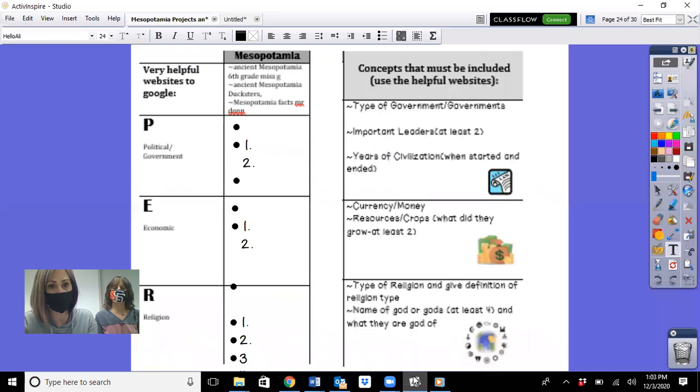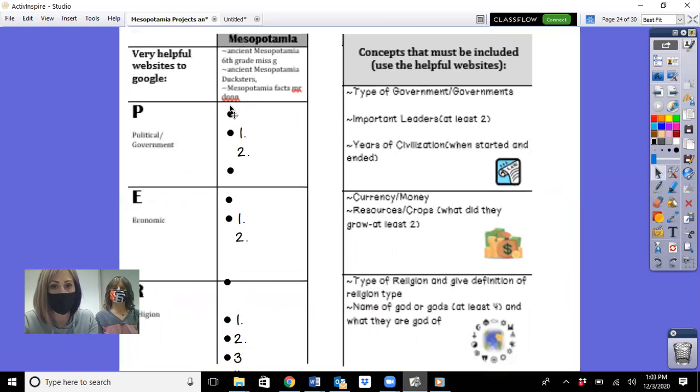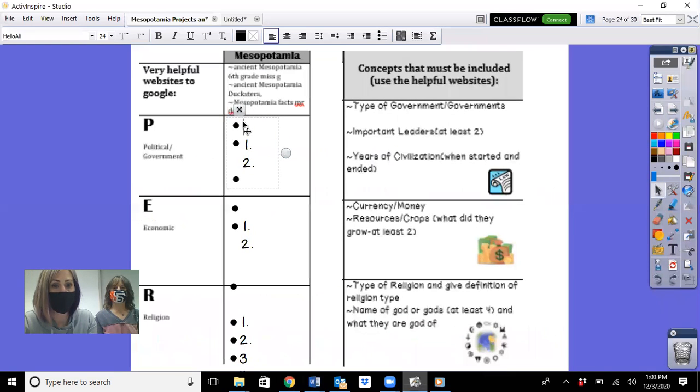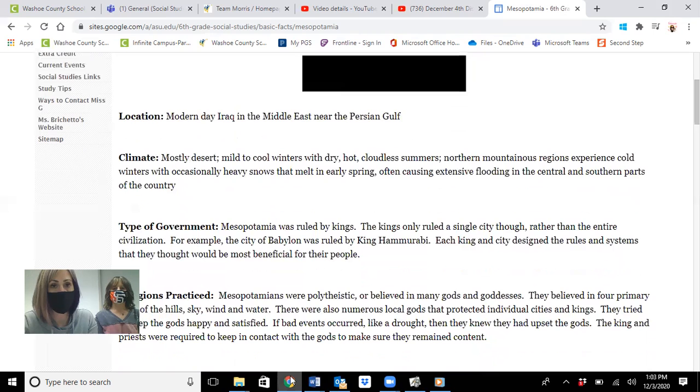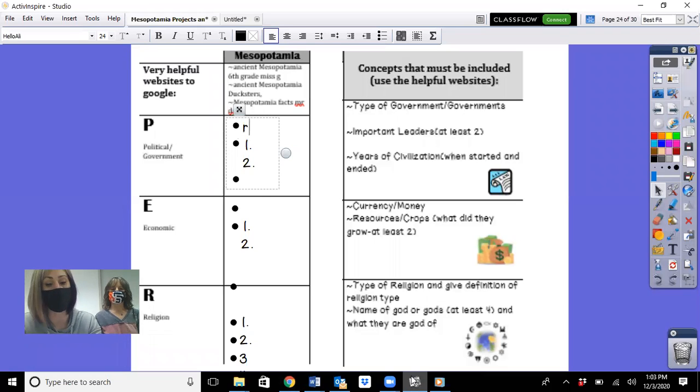So if I go back to here, and again, this is going to be kind of big because I'm doing it so you can see it. Type of government. It actually doesn't tell you the type of government. It tells you that it was ruled by kings. So you can Google that, or you can just put ruled by kings, which is technically called a monarchy.